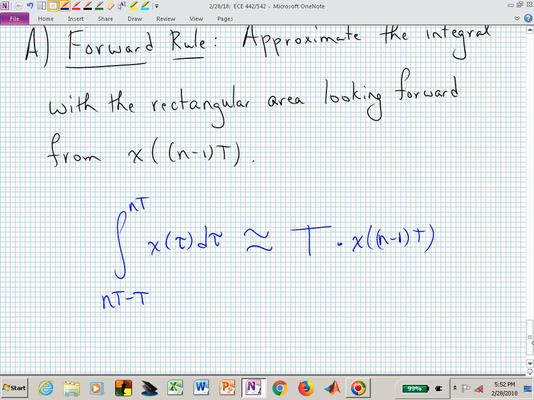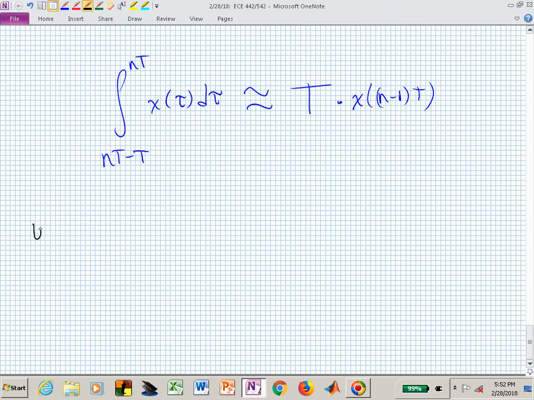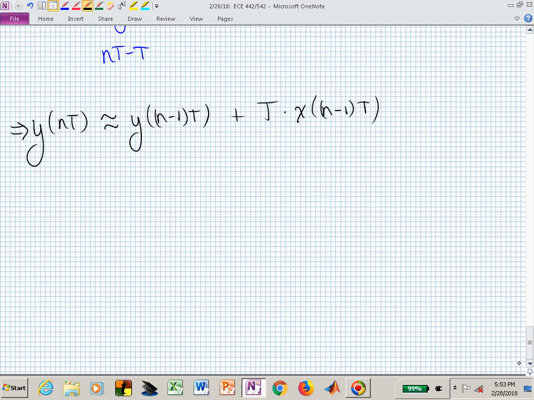And this now allows us to rewrite that difference equation using the forward rule as y of nT is approximately y of n minus 1 T plus T times x of n minus 1 T. And that's now our difference equation for this forward rule of numerical integration.